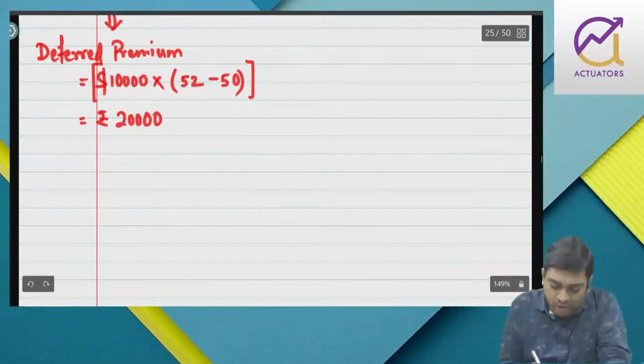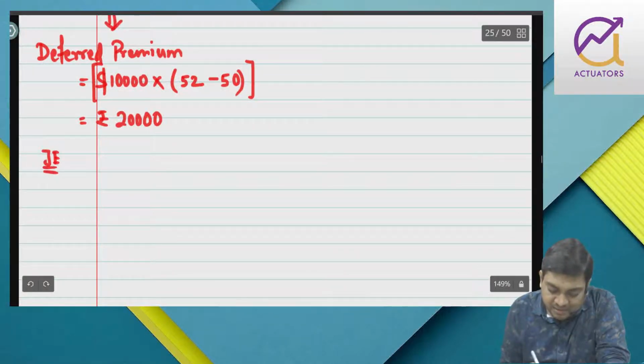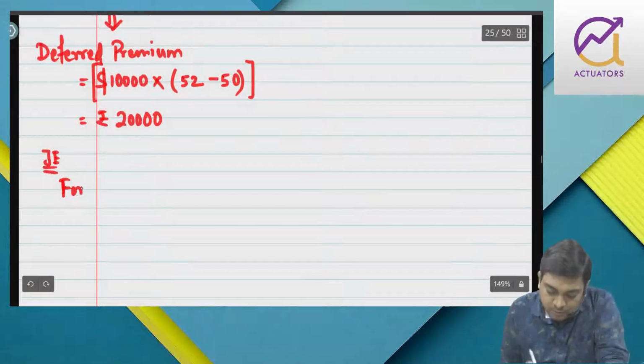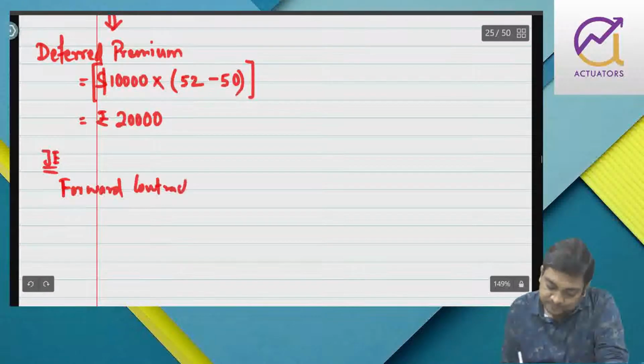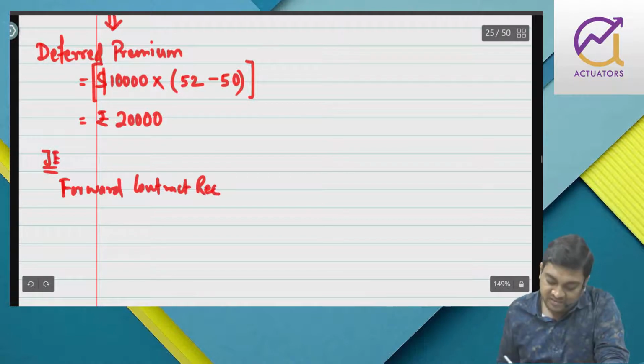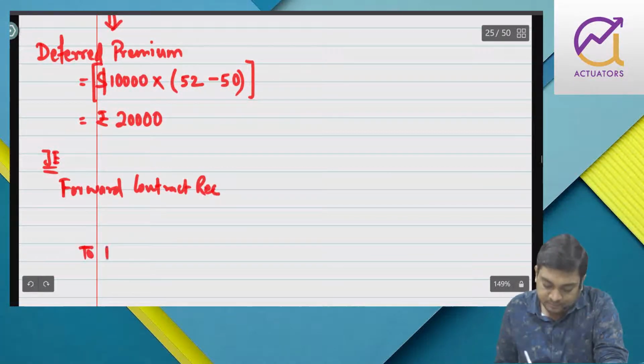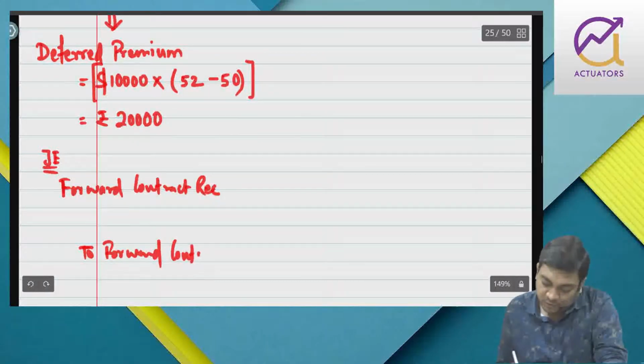So what is the journal entry you are going to show? Very simple. Forward contract receivable to forward contract payable.